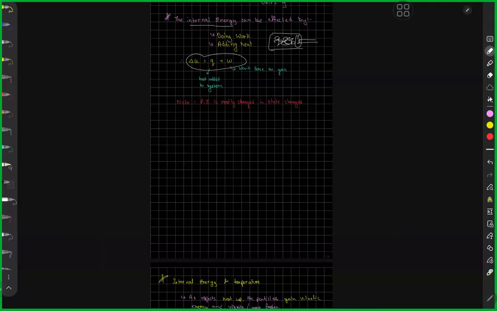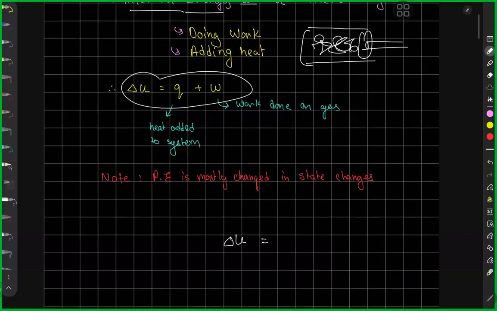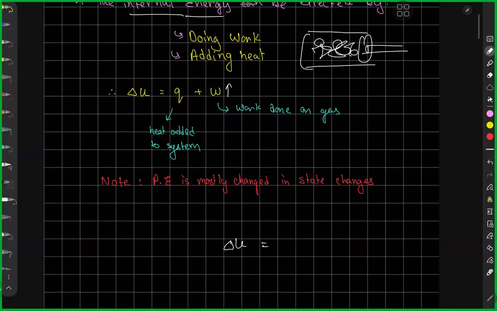The very important part that you need to understand over here is that internal energy never changes if the temperature doesn't change. It doesn't matter what happens to work done or heat supplied. If I tell you that work is being done on the system, but temperature is constant, then probably heat is being emitted from the system.